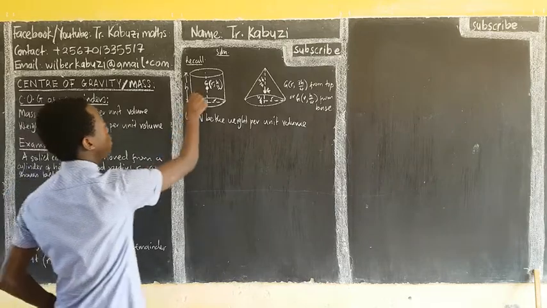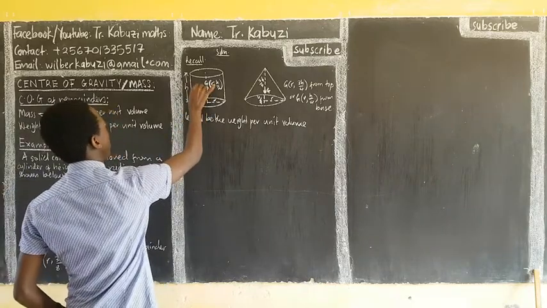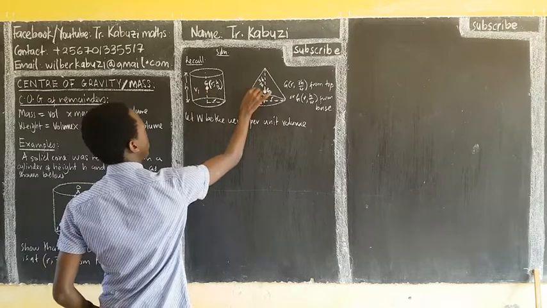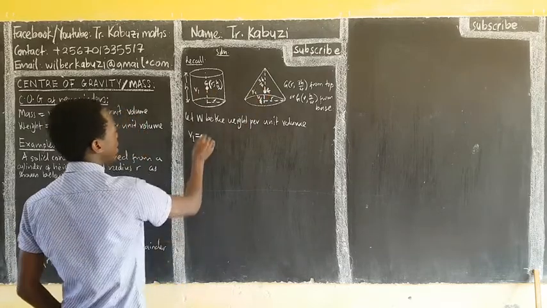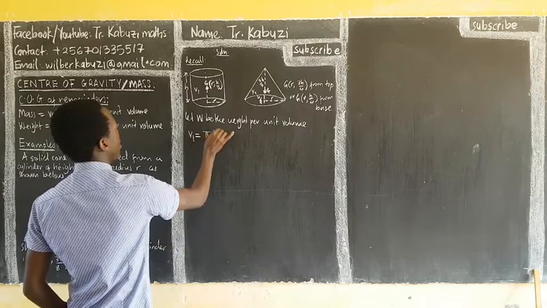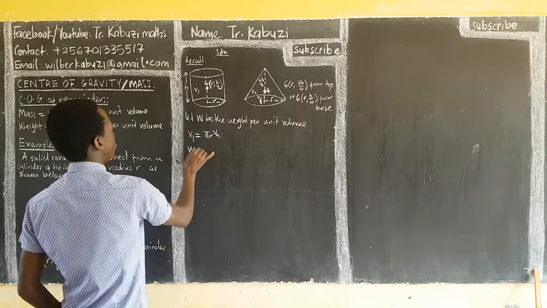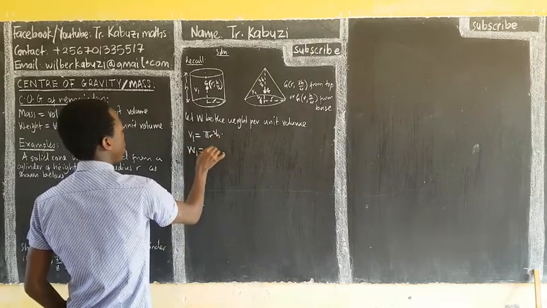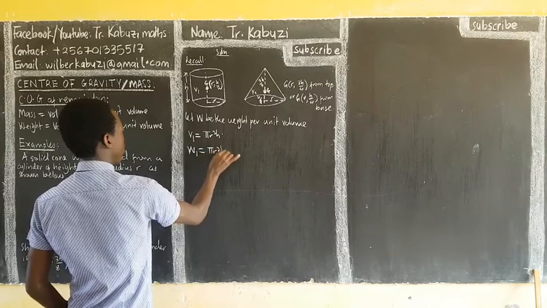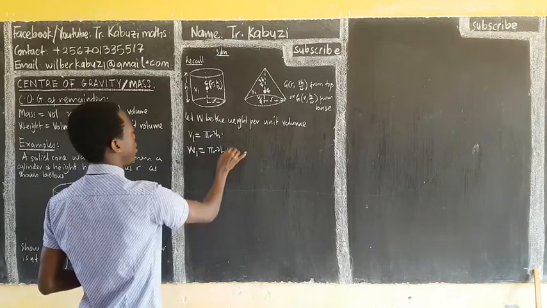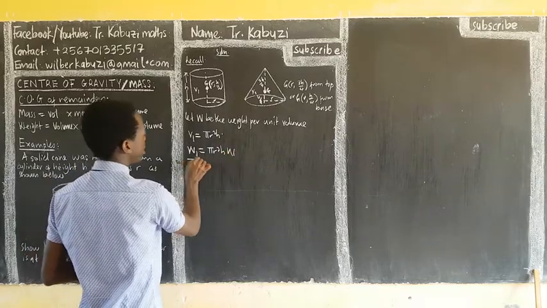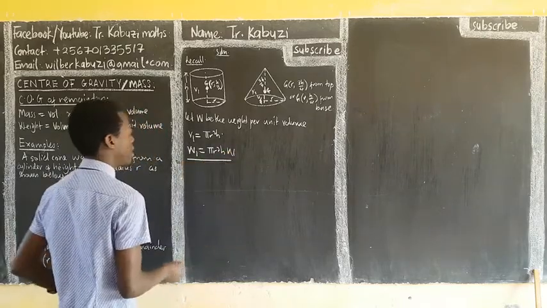Anyway, let me call this one volume 1 and this one volume 2. So V1, the volume of the cylinder, is given by pi r squared h, meaning that weight 1 is the volume times the weight per unit volume, which we say is W. This is weight 1. What about the second volume?